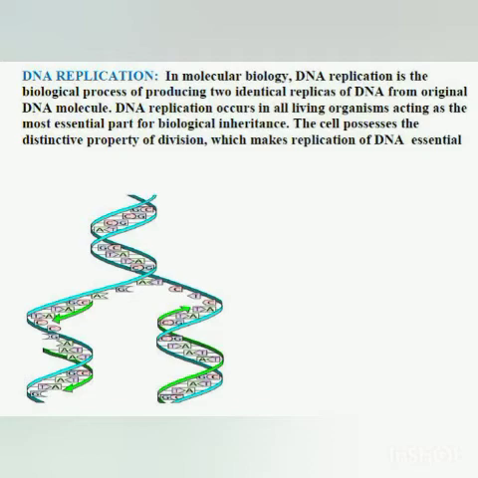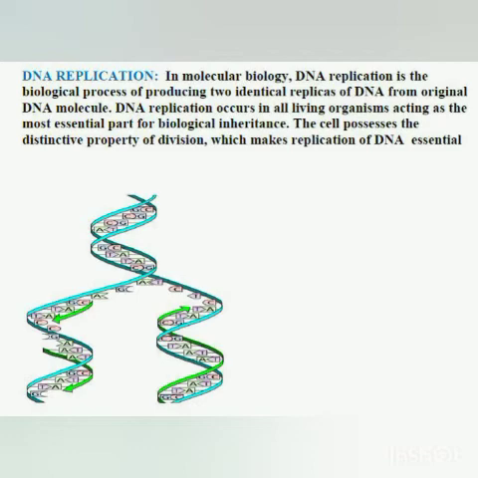You can see it's very clearly shown in the picture that the two strands have uncoiled, and one new strand is forming, which is coiling around the parent strand, and these two DNA are exactly similar. Okay, this is called DNA replication. DNA replication happens just before the cell division, and here two exact identical copies of DNA are formed.